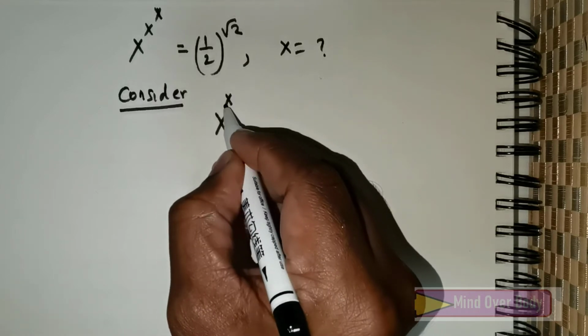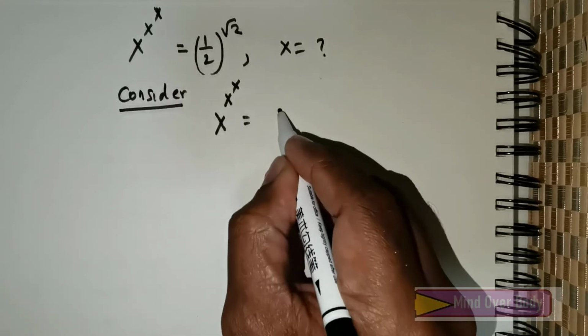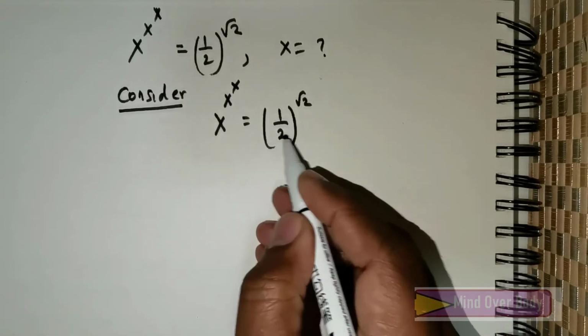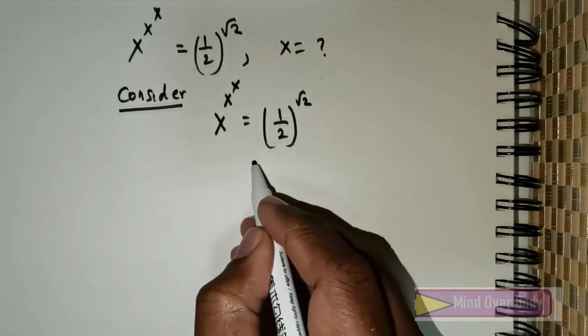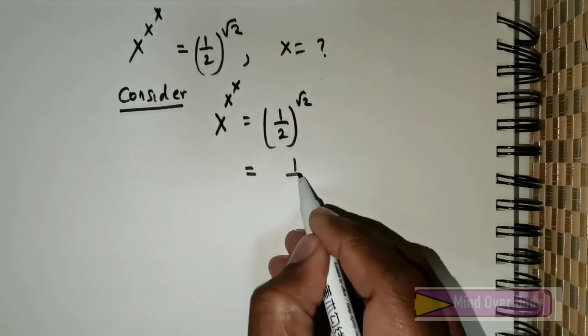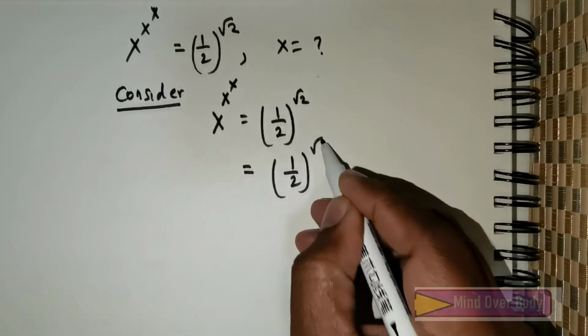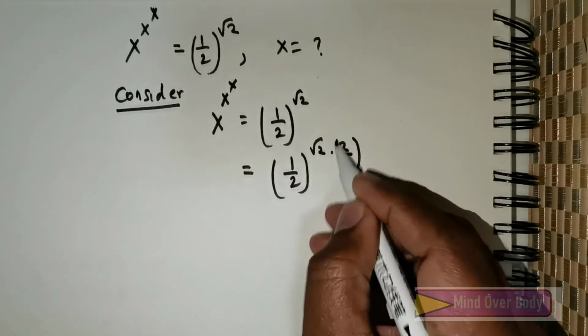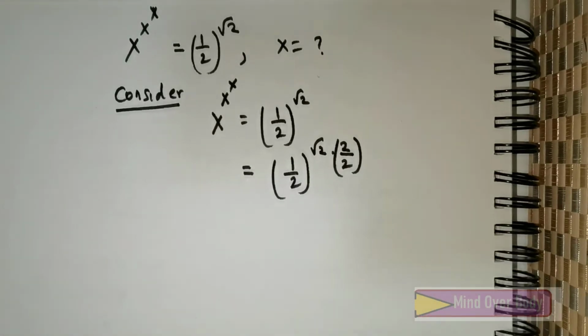which is x raised to the power x raised to the power x is equal to 1 over 2 raised to the power root 2. I'm going to be rewriting the right hand side as 1 over 2 raised to the power root 2 times 2 divided by 2. This is possible, right?